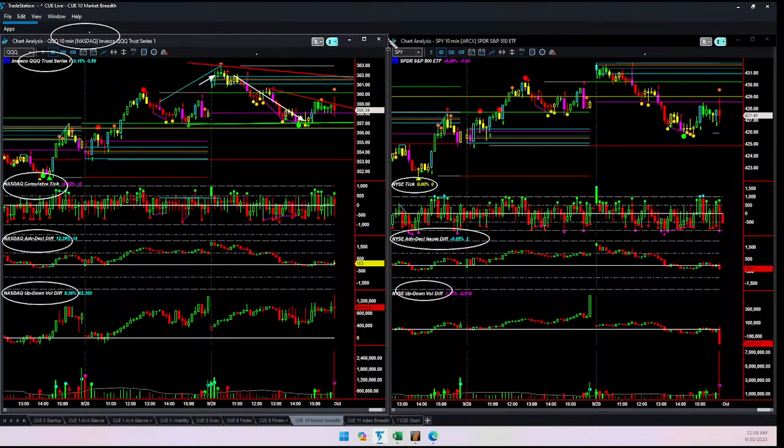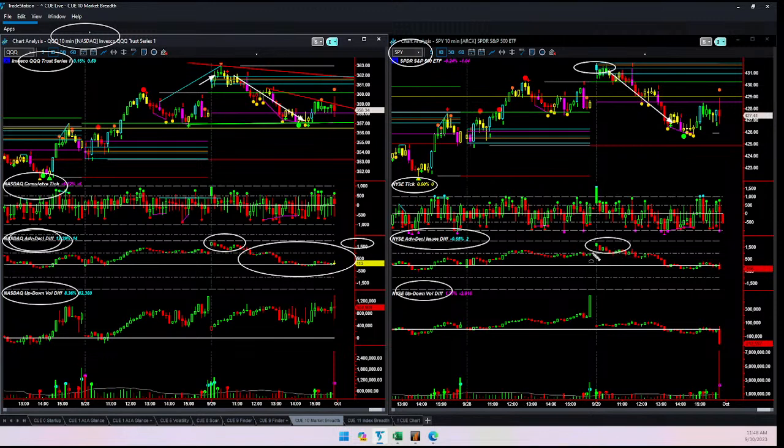For SPY it was worse. Very nice higher open and very fast sell off. While the ETFs were doing that, you can see Nasdaq advanced decline was quite high at the open above 1500, then sold off.